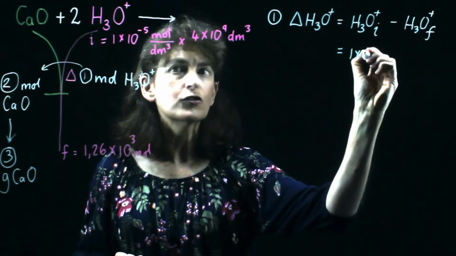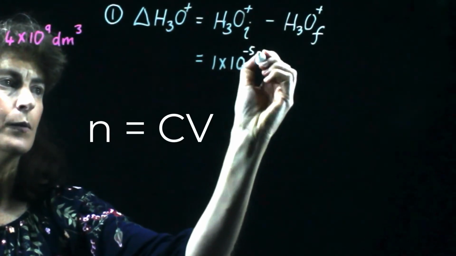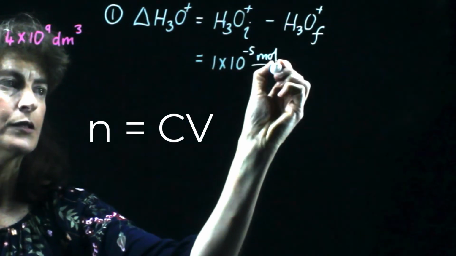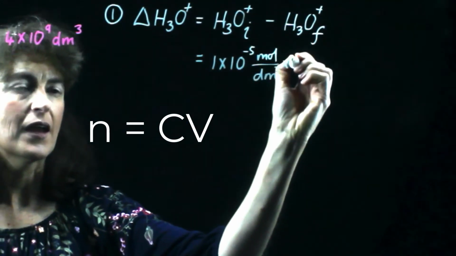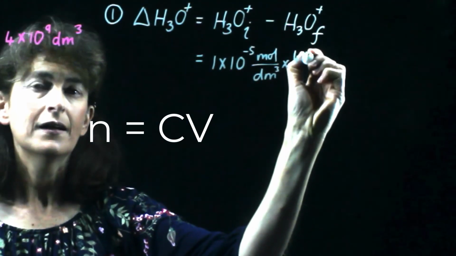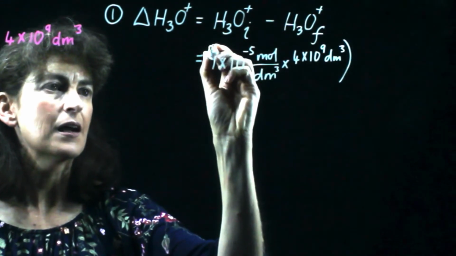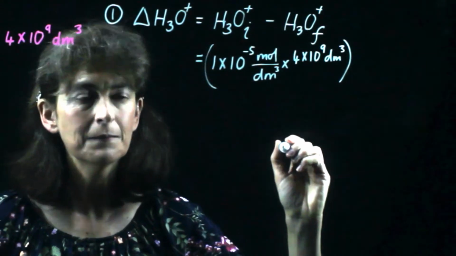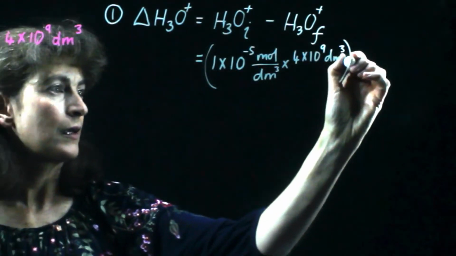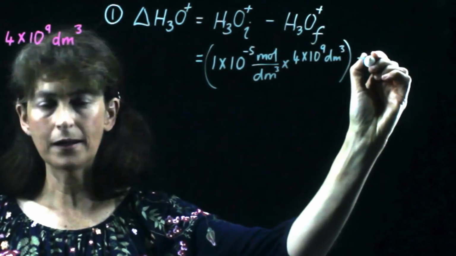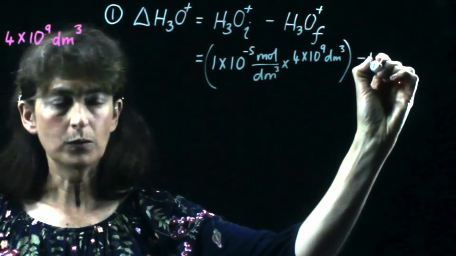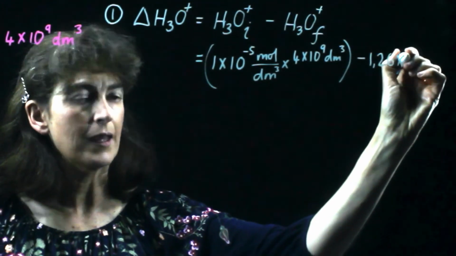This is the concentration in mole per decimeter cubed. We multiply that by the volume of the lake. That gives us the number of moles. Notice how decimeter cubes cancel. That gives us the number of moles initially. We subtract away the number of moles that we have at the end.